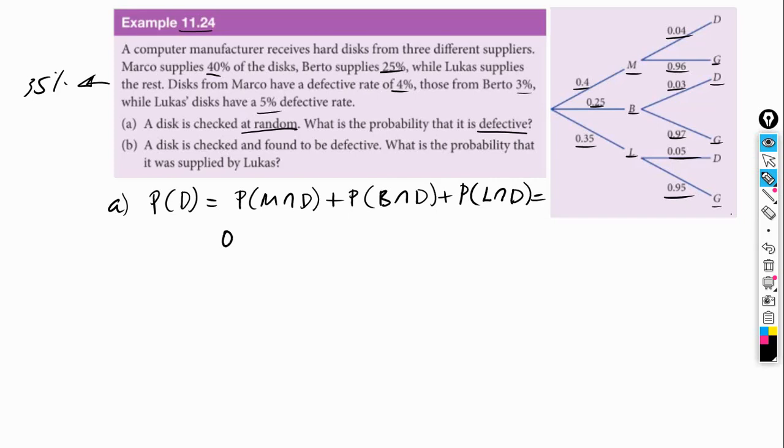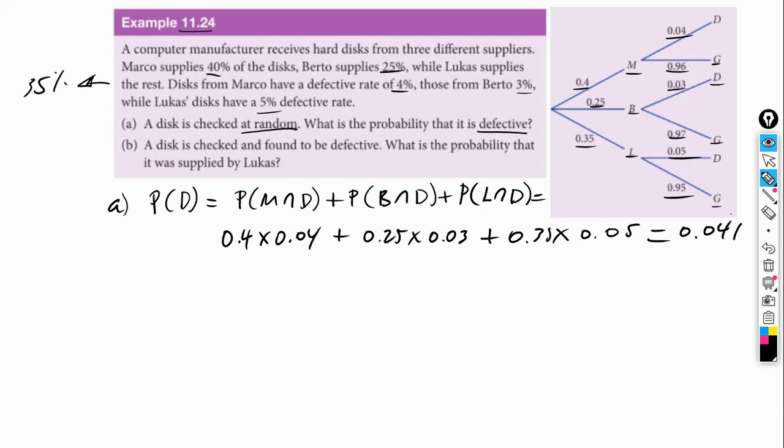So this is going to be 0.4 times 0.04 plus 0.25 times 0.03 plus 0.35 times 0.05. If we do the math here, this is going to give us 0.041. So 4.1% chance that it is defective.